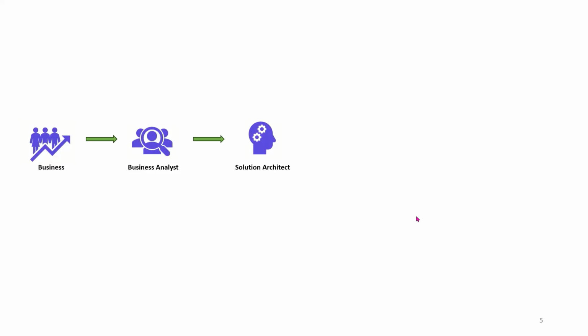Now we all know that the solution architect is the one who creates the entire architecture design to be followed for the deployment of this application. He will convert that information into an architecture diagram to be followed for the deployment of that application.